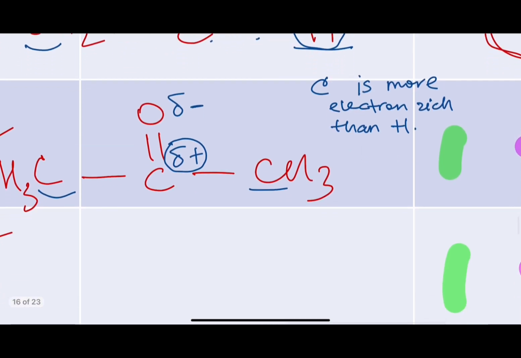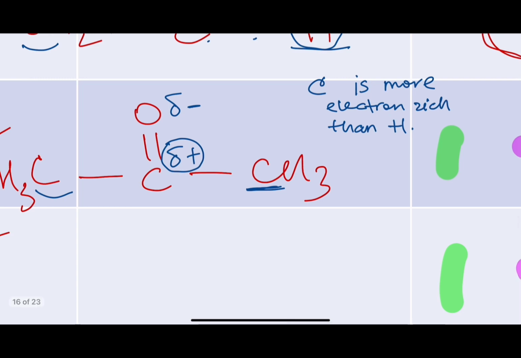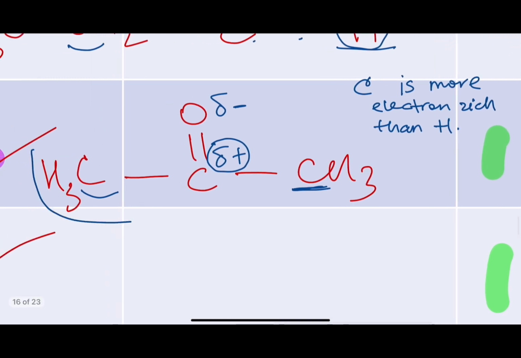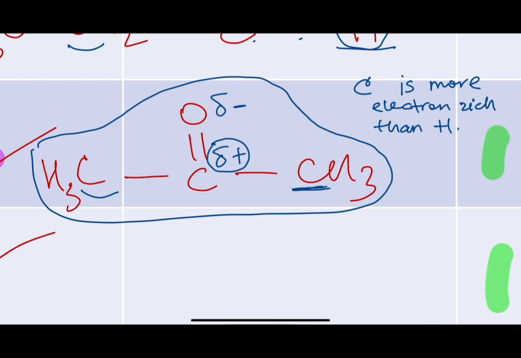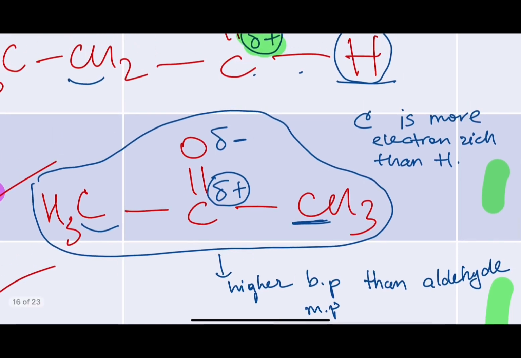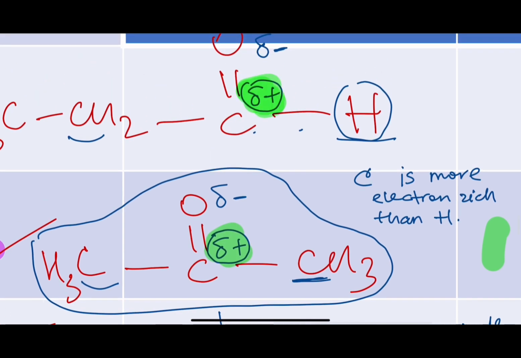While in ketone, we have a carbon which is more rich with electrons. That's why this ketone is more stable and has higher boiling point and melting point than aldehyde. Okay, so once more, I have a carbon which has a positive charge, and it needs electrons, as in here.